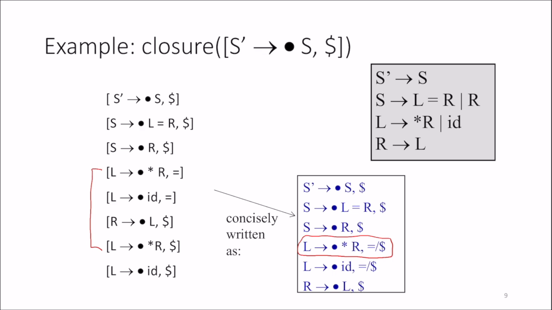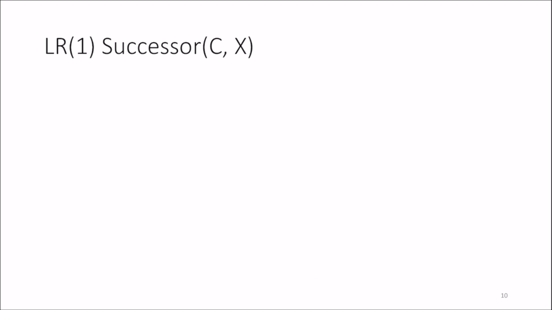So we just show the two look aheads that can happen. And similarly, we take these two L goes to ID rules and write them with the two look ahead symbols there. All the others only have one look ahead symbol, so it can't be any more concise than that. So that's our first state.